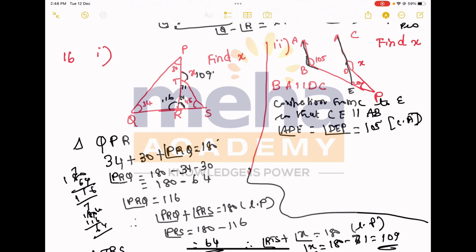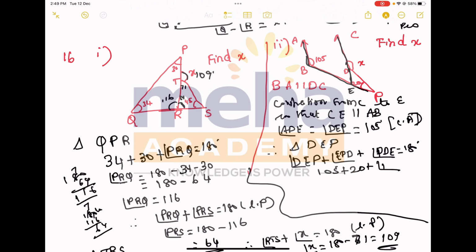We can find the F shape also. F shape. So then in triangle DEP, angle DEP plus angle EPD plus angle PDE is equal to 180 degrees. So DEP is 105 plus 20 plus angle PDE is equal to 180 degrees.